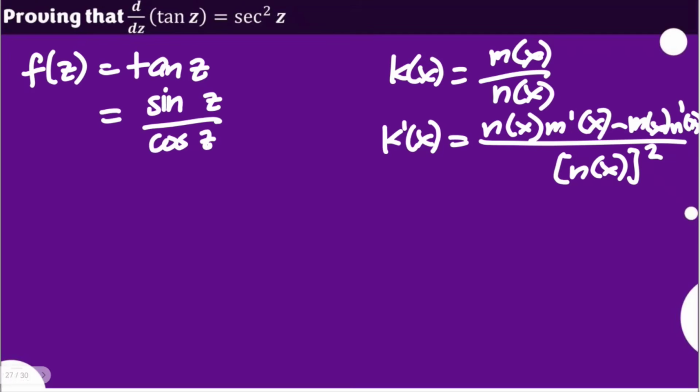Let's use that here as well. Our denominator now is cosine z, and our numerator is sine z. This is the other version for our tangent z, the original function.